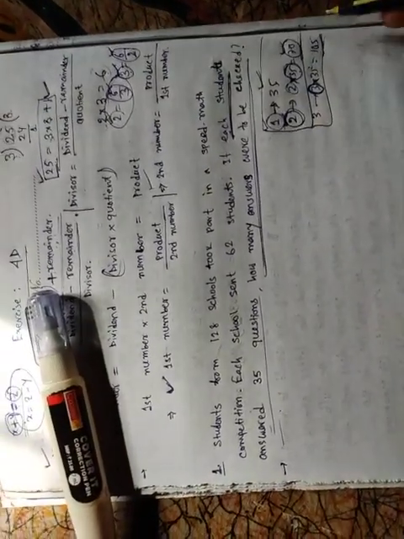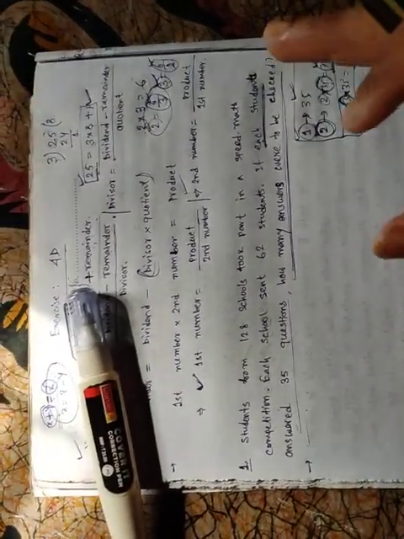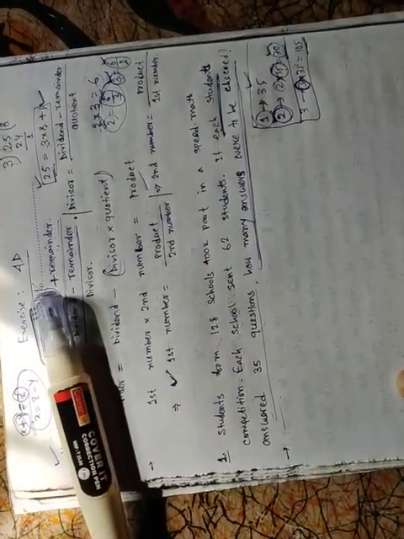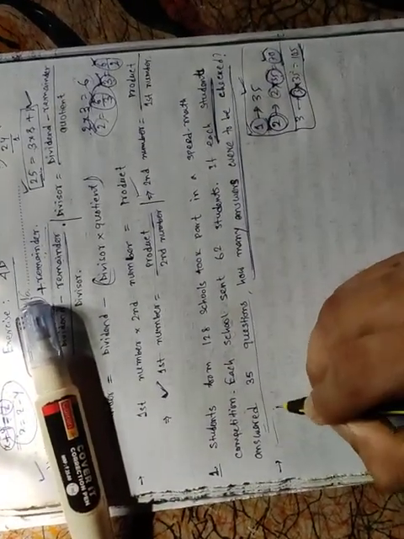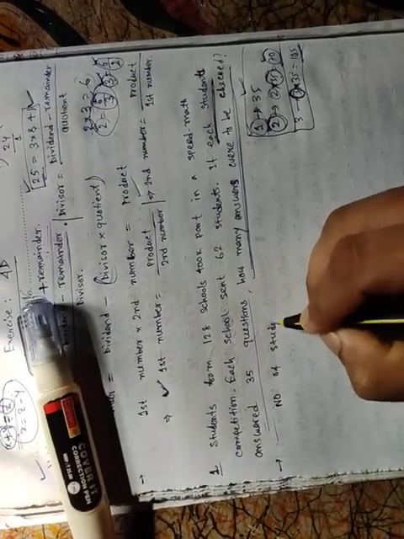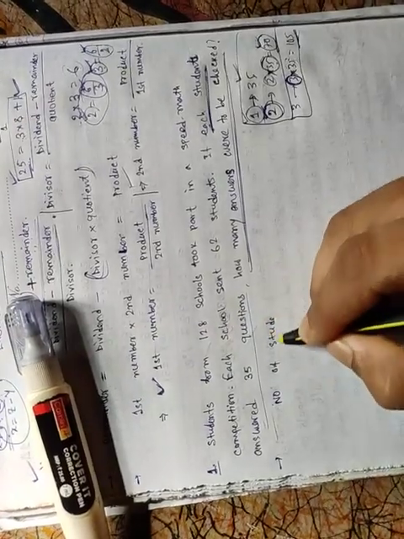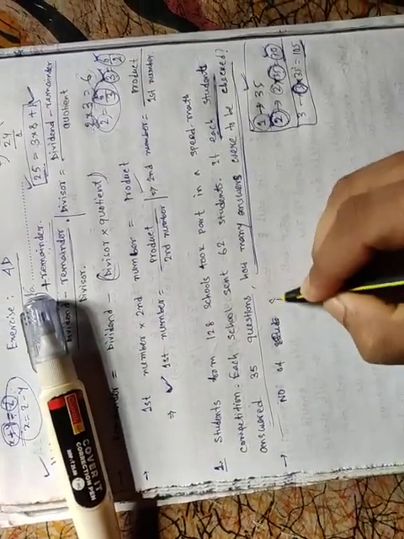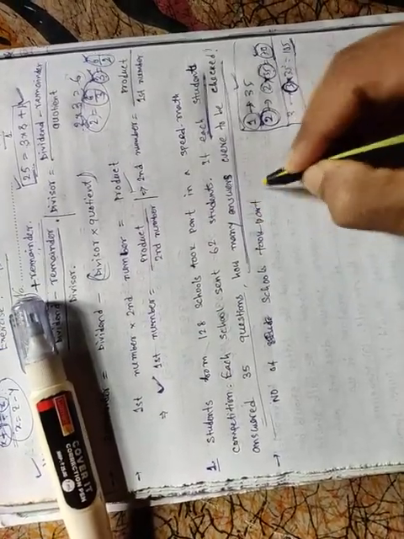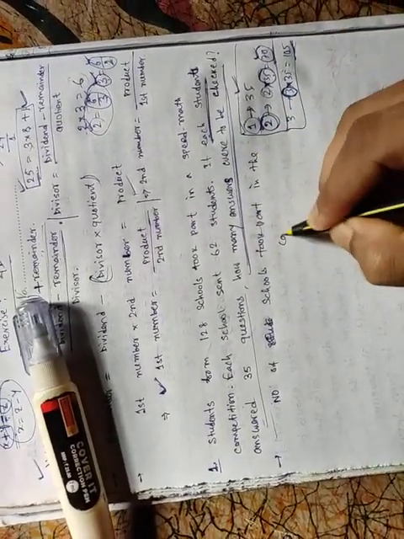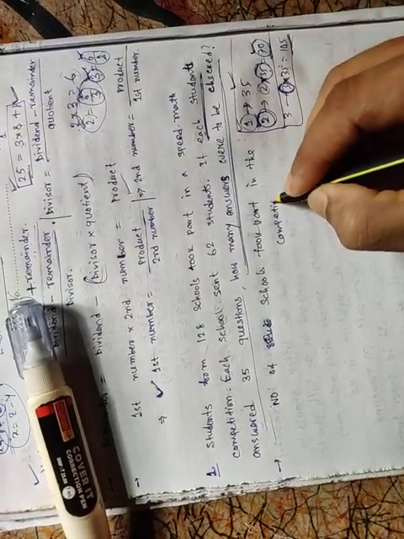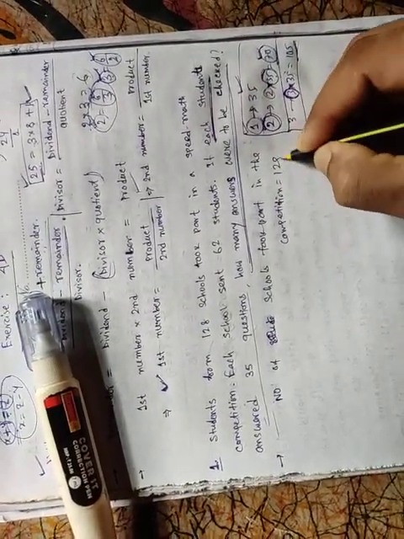So what is the first work? We have to first calculate the total number of students who took part in the speed math competition. So first I am writing the number of schools that took part in the competition is equal to 128.